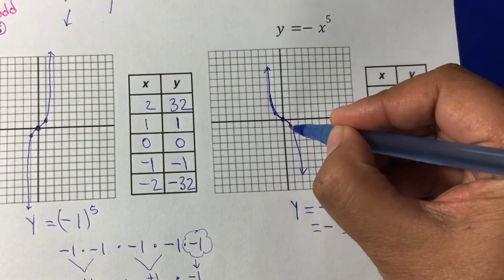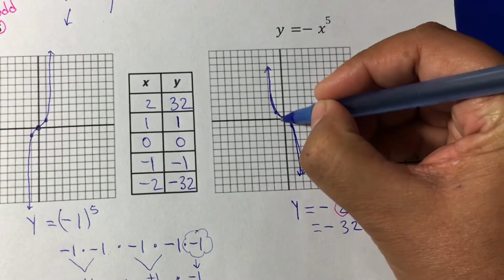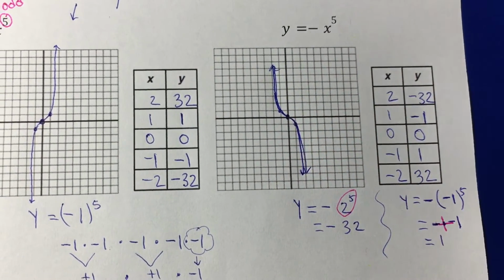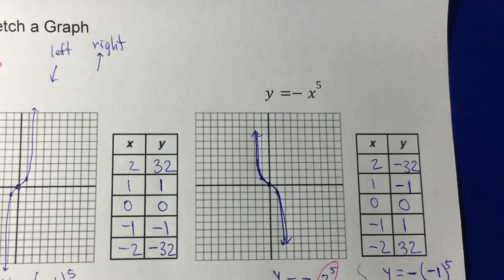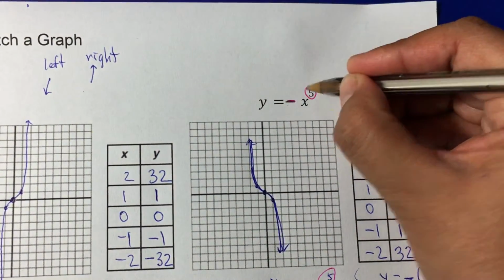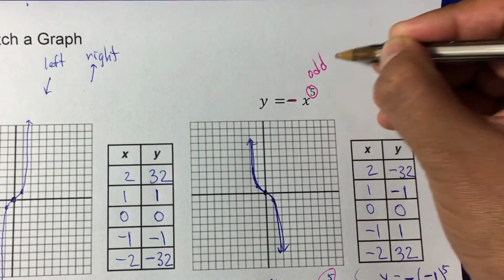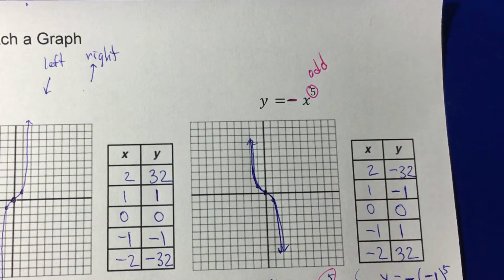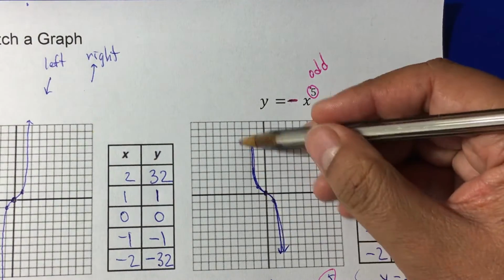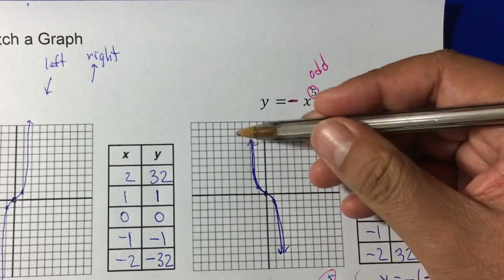Okay. Very rough sketch, because it should be skinnier right here. So again, what matters is that we have a negative leading coefficient, and this is odd. The odd tells me that one end is up and one down. But again, negative, I just think of the negative line, negative slope.